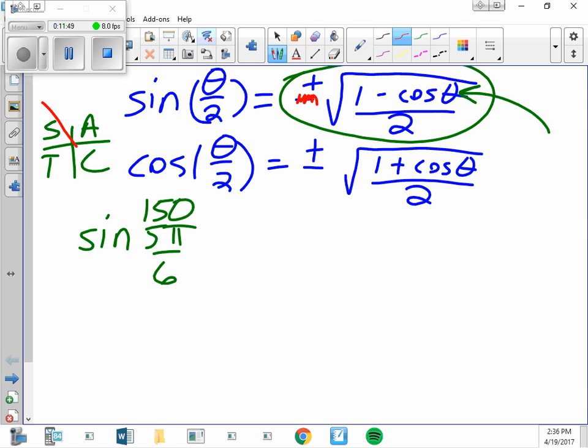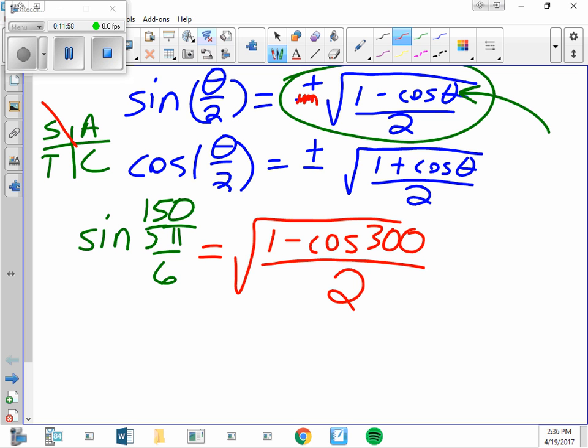Okay, so this is the square root of 1 minus the cosine of 300 over 2. Okay, what is the cosine of 300? So this is the square root of 1 minus 1/2 over 2.